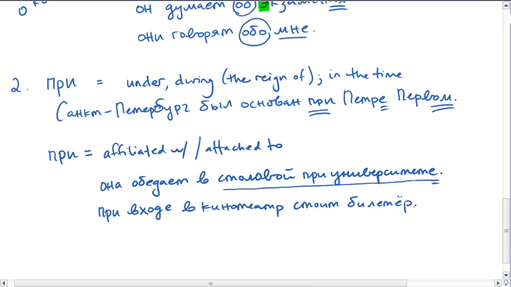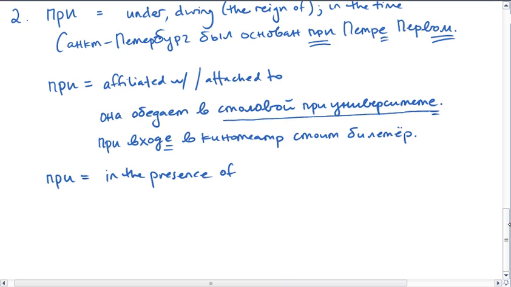So, attached to the cinema or the movie theater is this ticket taker. При входе в кинотеатр стоит билетер. And also при can mean in the presence of something.